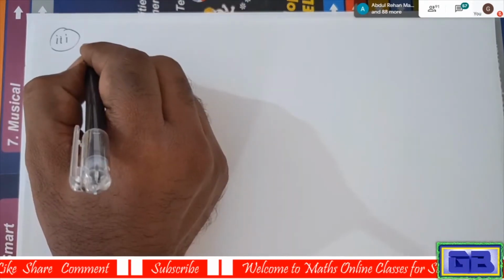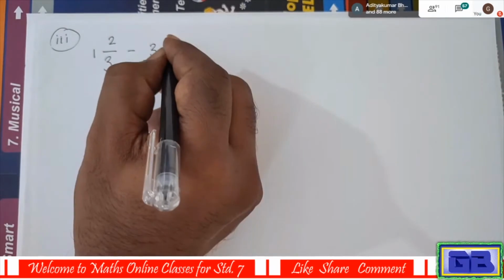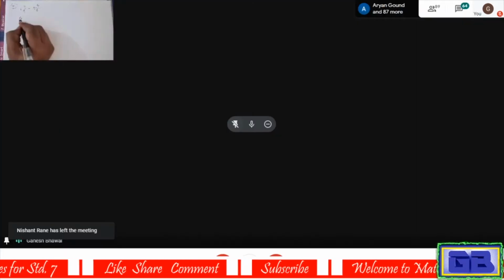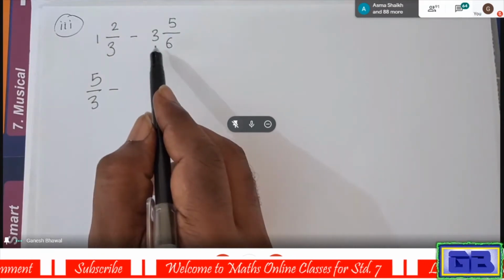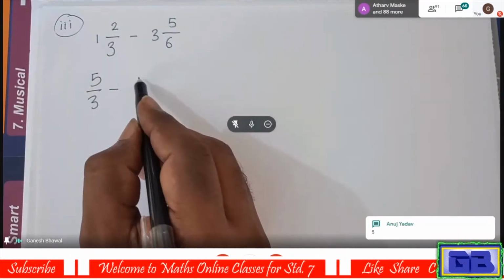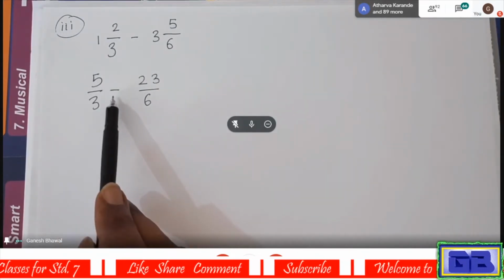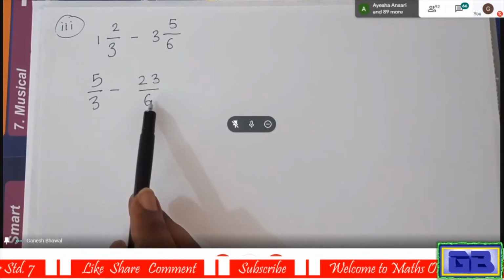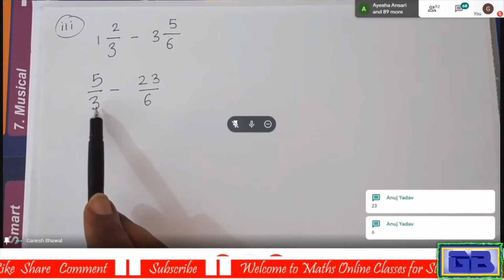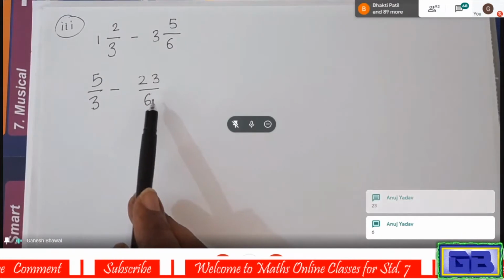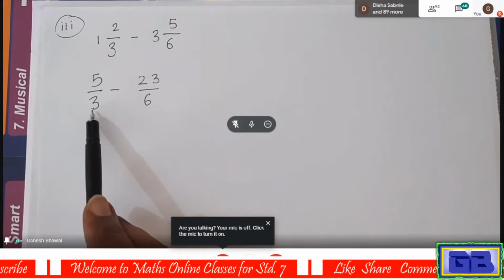Now the third one is a mixed fraction, 1 and 2 by 3 minus 3 and 5 by 6. 3 ones are 3 plus 2 is 5 by 3. Minus, 6 threes are 18 plus 5 is 23 by 6. So here 5 by 3 minus 23 by 6. Now if we see, here 3 is there, here 6 is there. In the table of 3, 6 comes at the second place.